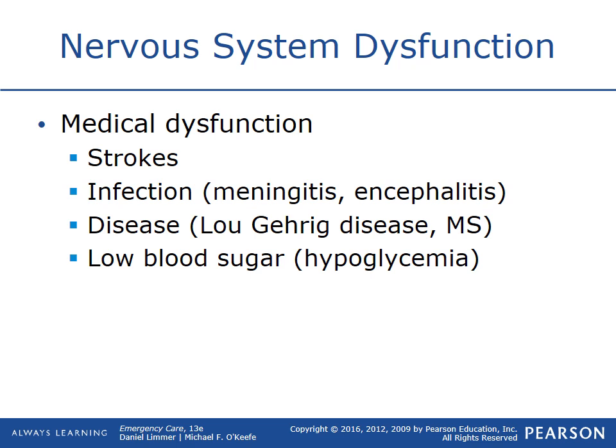Not enough oxygen getting to the brain because of a blood clot, or a stroke where a blood vessel in the brain bleeds. You could have an infection to the lining, meningitis, or an encephalitis where there's an infection causing swelling. There could be a disease such as Lou Gehrig's disease or multiple sclerosis, or even a low blood sugar, hypoglycemia, and there's not enough sugar in the blood to feed the cells.